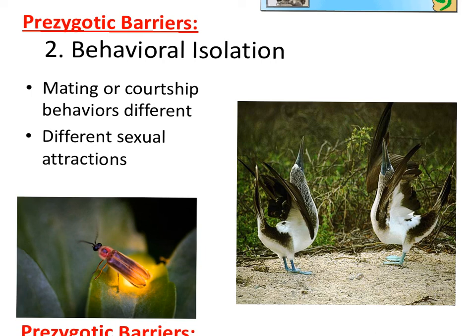Another example is the firefly. Different species of fireflies are attracted to different flashing patterns. The whole reason that fireflies or lightning bugs flash is to attract a mate.